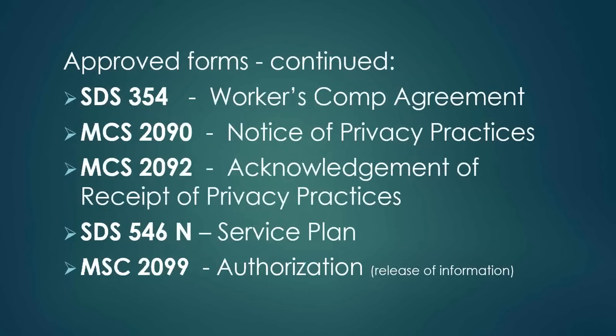On the next slide, we'll see some other home care worker forms, the workman's comp agreement, and then other things that everyone should use, such as the notice of privacy practices, an optional form that goes along with that privacy notice, and then the service plan, and then the authorization, which is that release of information document by DHS that we use to get information from our clients in order to help us with the OPI case.